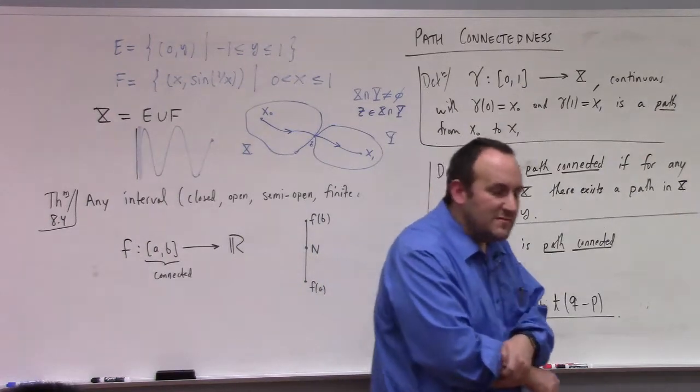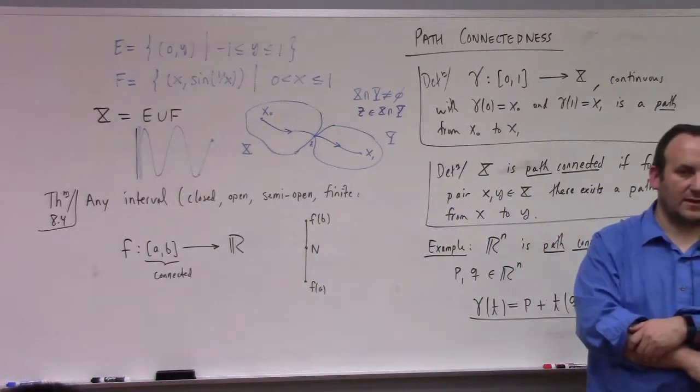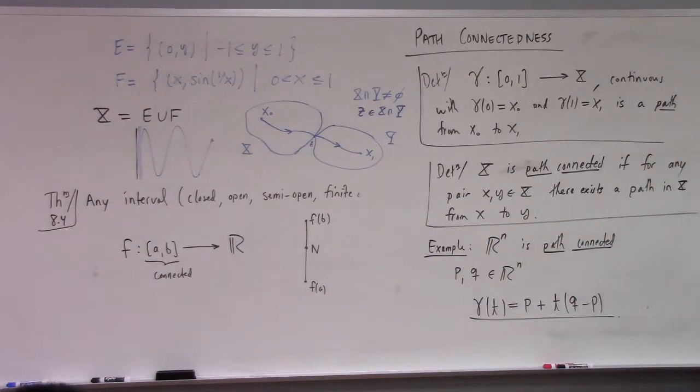Yeah. T0 is Kolmogorov. Ah, interesting. I'm not trying to say that's going to be a test question or anything. I'm just saying that's something that's of interest.